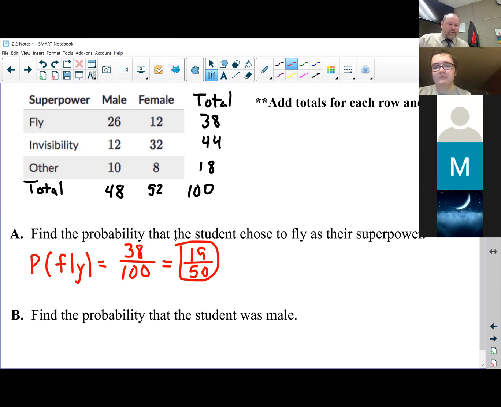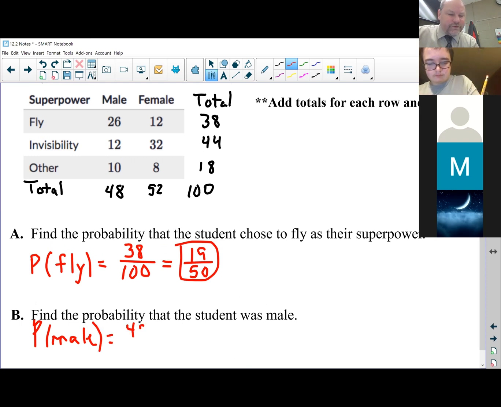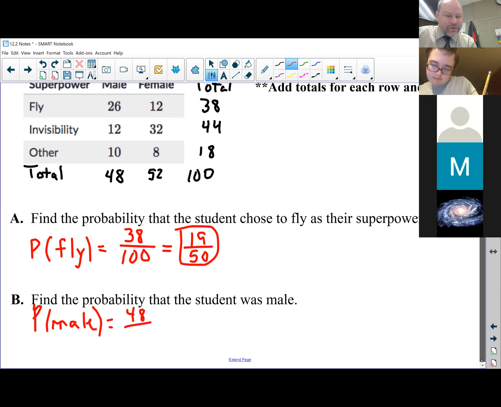All right, what is the probability that the student selected at random is a male? 48 out of 100.